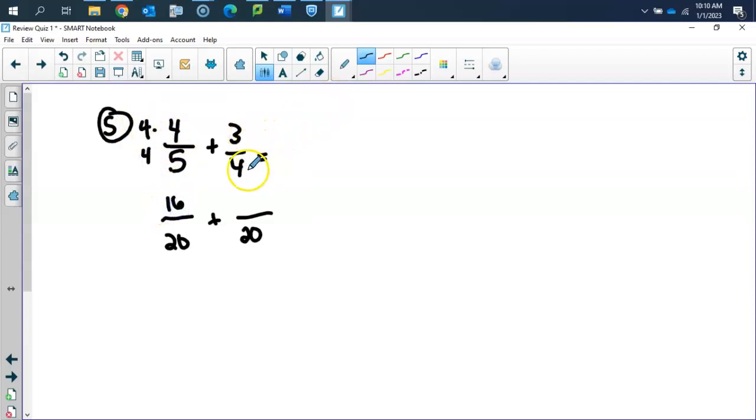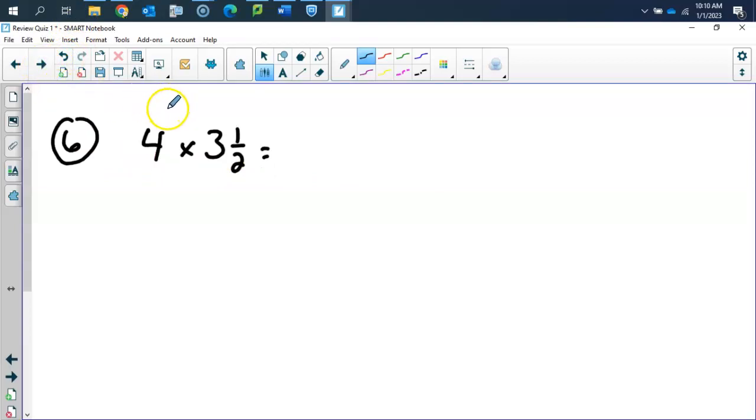I need to multiply my second fraction by 5/5, which gives you 15 20ths. Add this, I get 31 20ths, which is an improper fraction. Changes to a mixed number, it'll be 1 and 11 20ths.